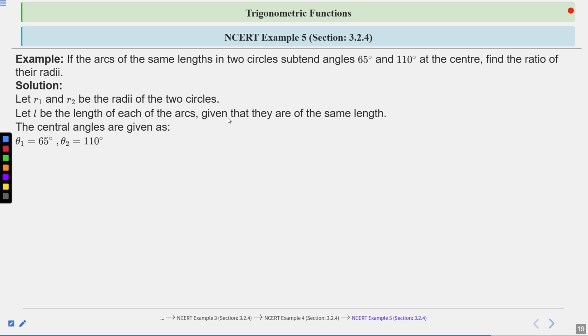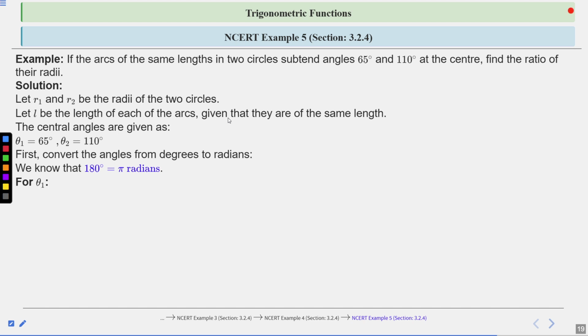So I am assuming that R1 is for circle 1 and R2 is for circle 2. Same goes for theta 1 for circle 1, theta 2 for circle 2. Now first of all, we have to convert these degree measures into radian measures. What we know is 180 degrees is pi radians.